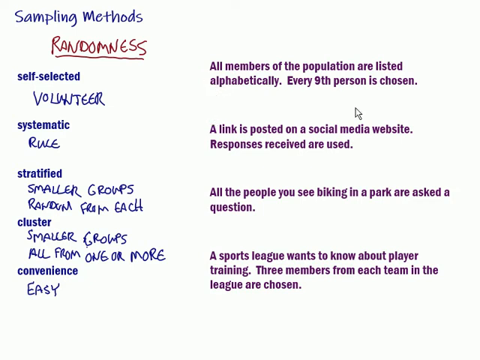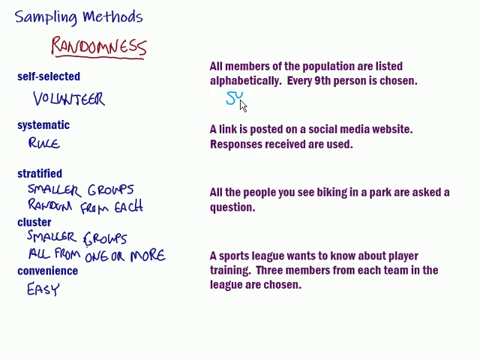So we've got some examples here, and let's just take a look at these and see if we can figure out the type of sampling method that is being applied in these situations. So first one, all members of the population are listed alphabetically. Every 9th person is chosen. Okay, so sounds to me like there's a rule that we're using which is going to make this a systematic sample.